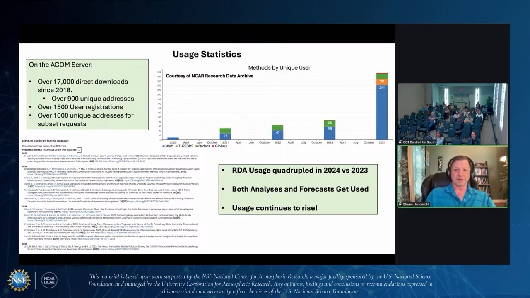To the right are the metrics from the Research Data Archive. One thing to note there is our usage. The usage almost quadrupled from 2023 to 2024, which is nice to see. The stuff is definitely getting used, and our usage seems to be continuing to rise. Bottom left are some of the publications on the RDA's metric.